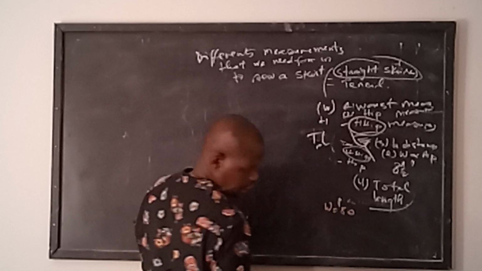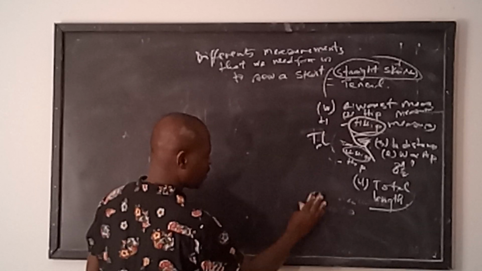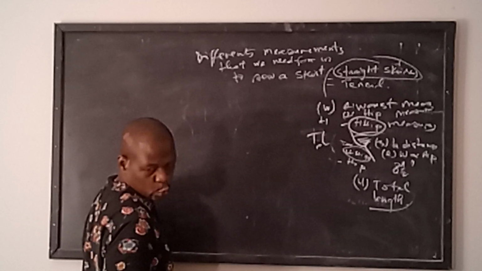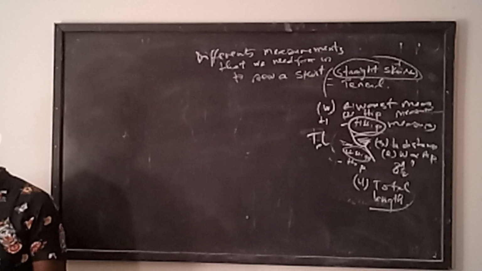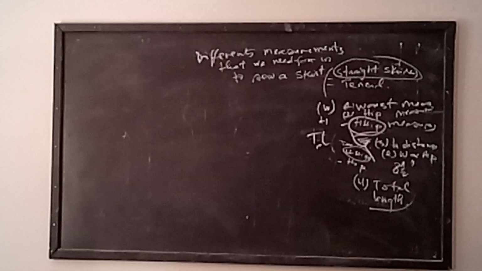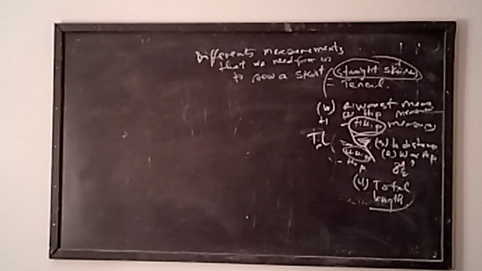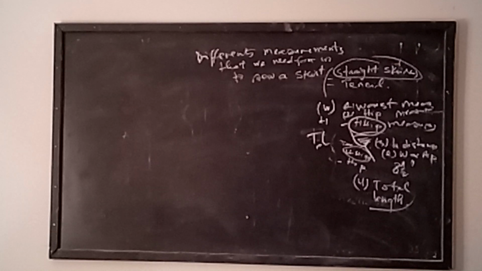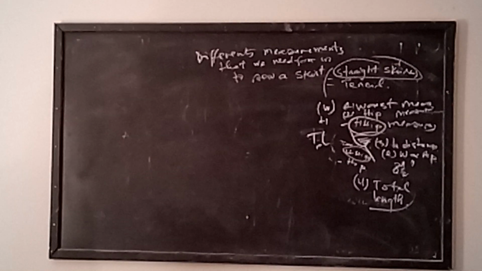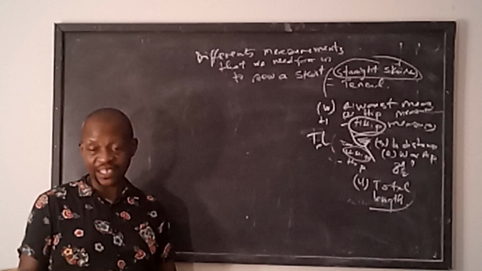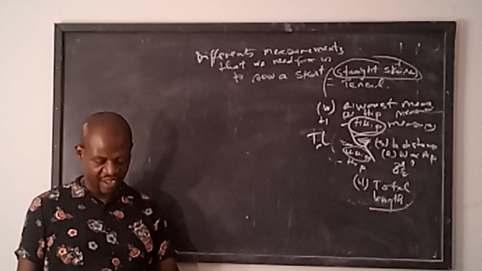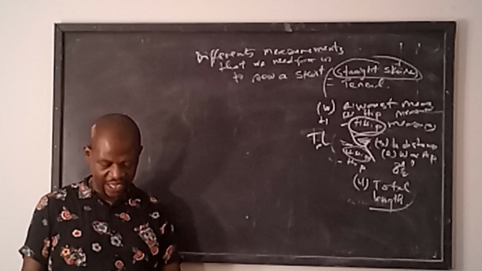No, if I put 80, it will be difficult. Let me take my measuring tape and go with inches, so I have to convert it so that anybody can get what I'm trying to say.